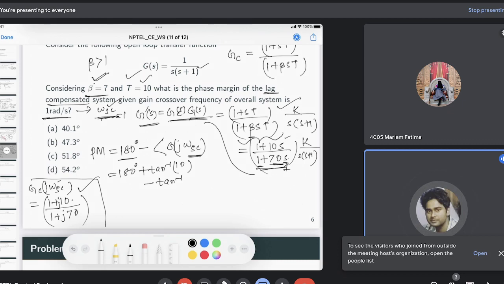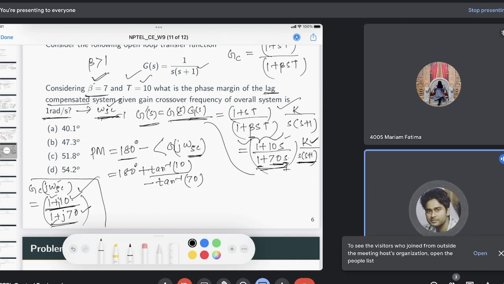So for this zero it will be tan inverse of imaginary by real, 10 by 1. Similarly for the pole it will be a negative contribution, minus tan inverse of imaginary by real, where imaginary is 70 and real is 1, so tan inverse 70. The gain k will not contribute.